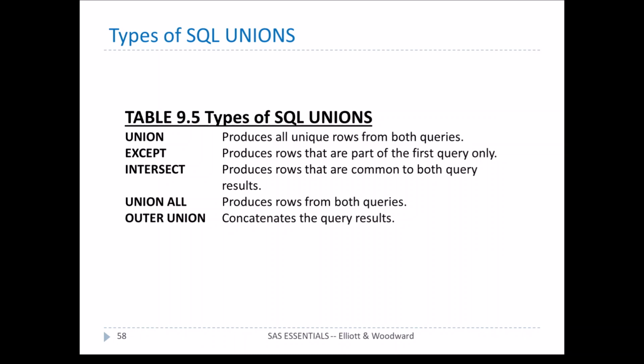Except produces rows that are part of the first query only. Intersect produces rows that are common to both query results. So 6 would be the one that's common to both. Union all produces rows from both queries. And outer union concatenates the query results, which is a little odd, but I suppose it can be used sometimes.